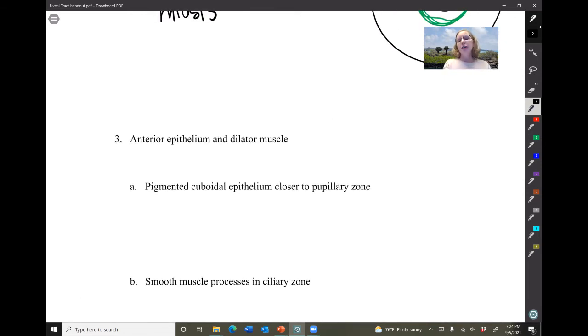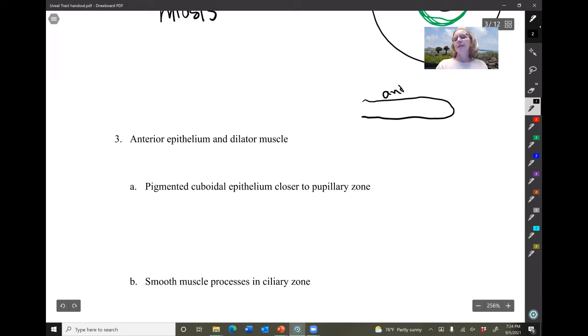The anterior iris epithelium wraps around to the posterior iris epithelium, but they're next to each other. The layer of epithelium that's nearest to the stroma, so the stroma would be here, is the anterior iris epithelium. And then the layer behind that is appropriately called the posterior iris epithelium.